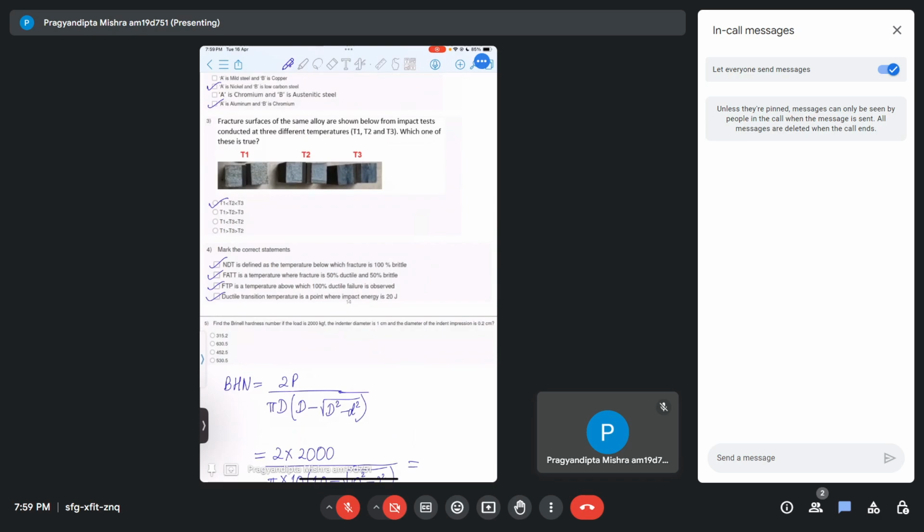Now it's working. I think there was some error. The screen was not moving.